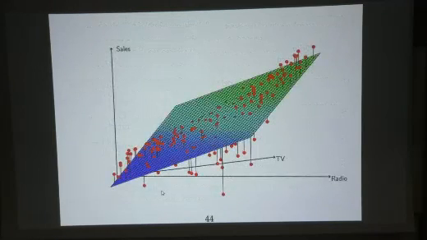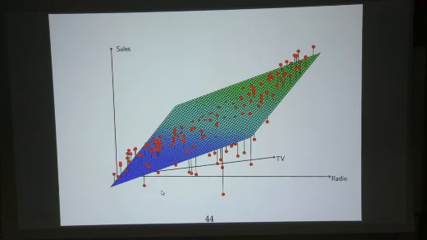This is the plot of the fit with TV and radio. We have not included the newspaper primarily because it's not that important, as we have seen, and also because we cannot visualize higher dimensional data directly like this.